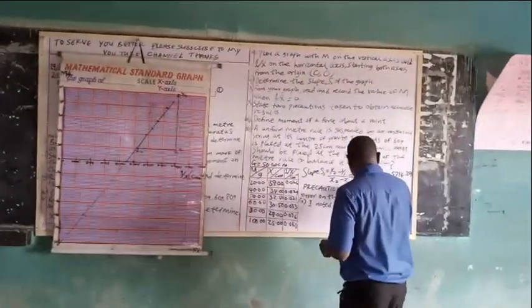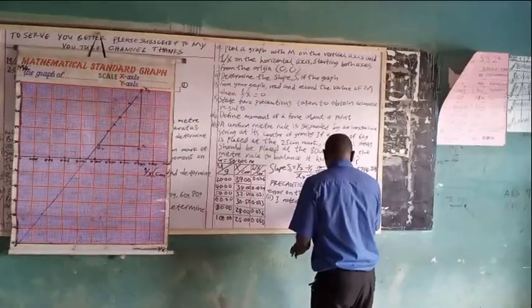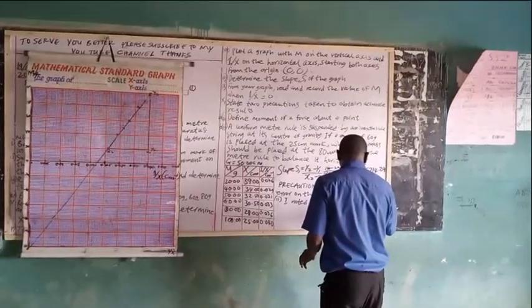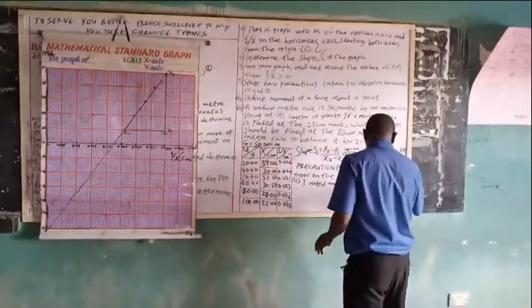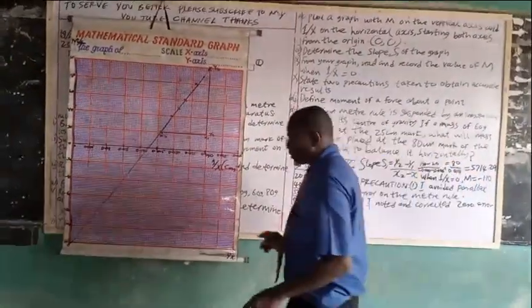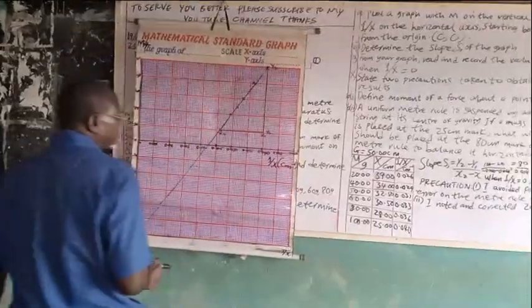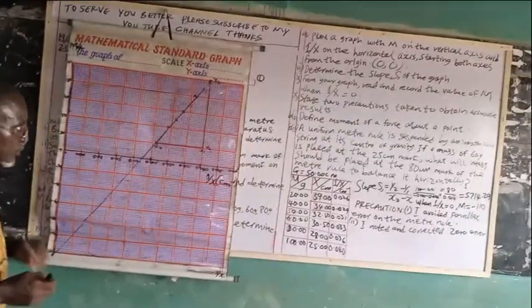So when 1 over x is equal to 0, m is equal to minus 110.